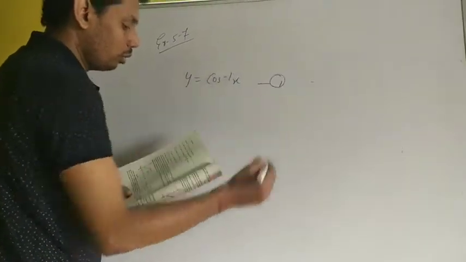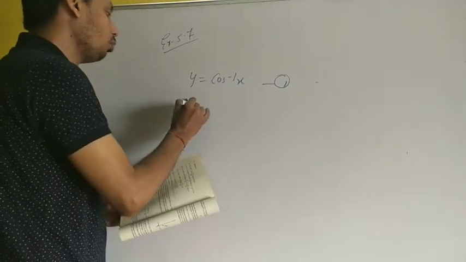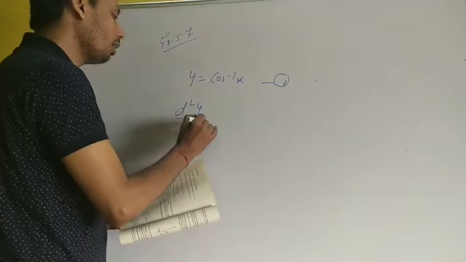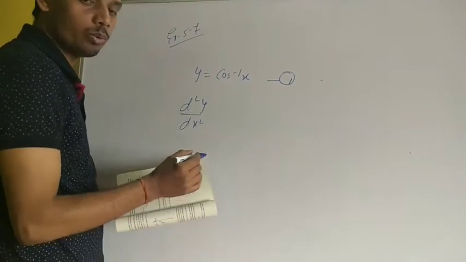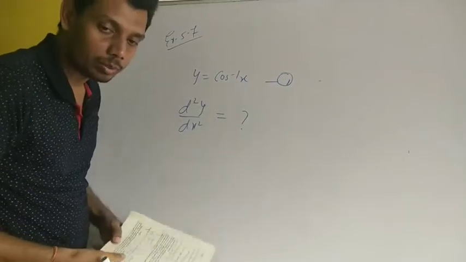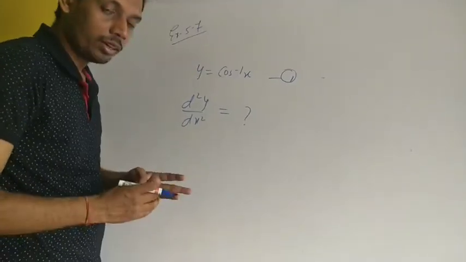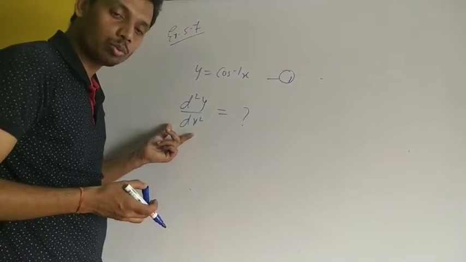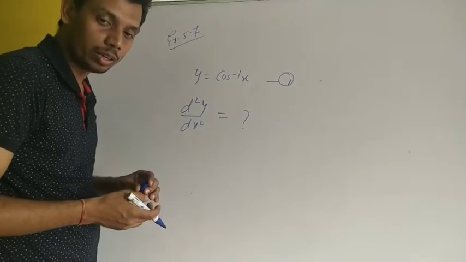We have to determine the value of d square y by dx square in terms of y alone. This has to be expressed in terms of y alone, that is, in the value of d square y by dx square, x should not be there.